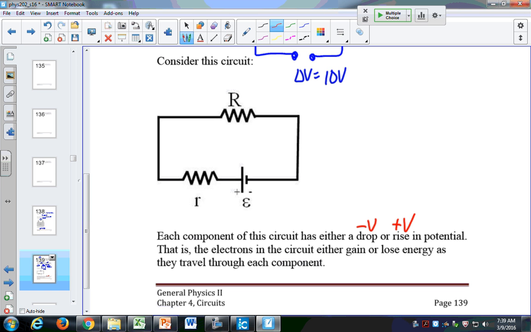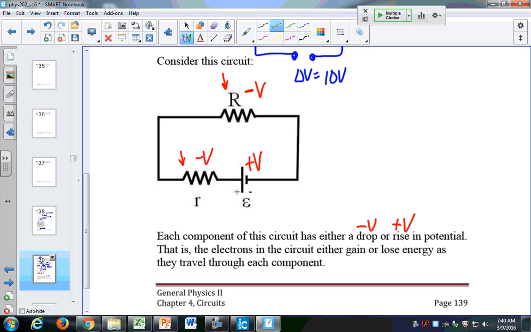So which of these, I have 2 resistors here and here, what do they experience? Do they experience a drop or a rise in potential, a plus or a minus V? I see a drop in both of these. So I have minus V here, minus V here. And then my battery sees a rise in potential.